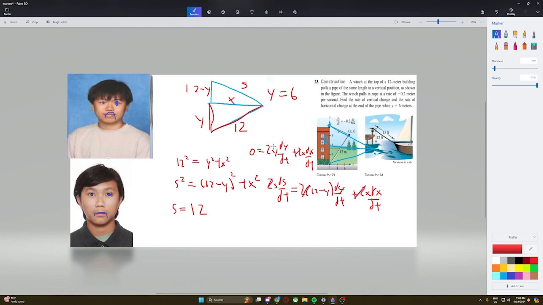Also get rid of those 2's too. So now it's just s ds/dt equals (12 minus y) dy/dt plus x dx/dt.